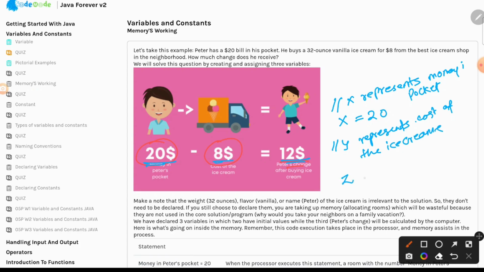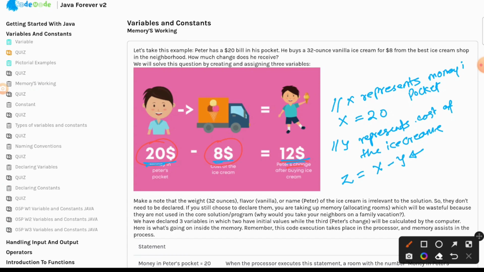And then Z, the money left in my pocket, would be X minus Y, right? And finally, this is my core algorithm, core logic, to compute money left or change left in the pocket after buying the ice cream.